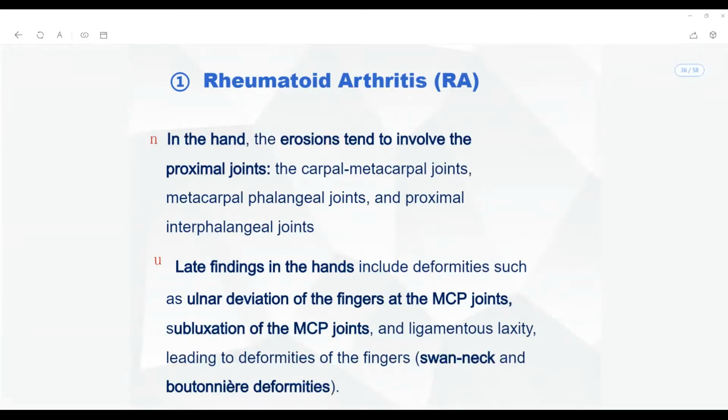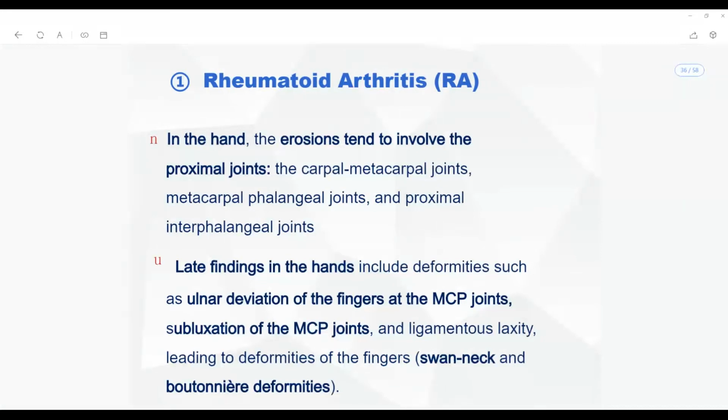Distal interphalangeal joint flexion and hyperextension of the proximal interphalangeal joint is called swan neck deformity. And exactly the opposite happens in boutonniere's deformity.